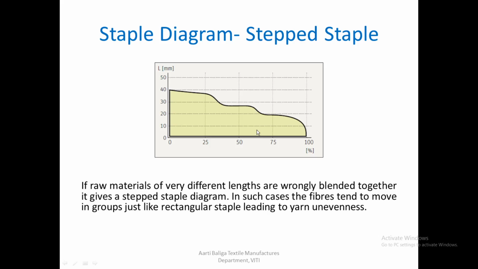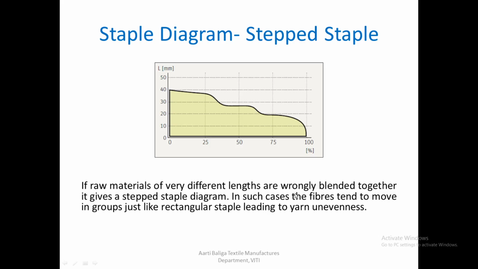Once this kind of blending is there, this particular graph may be coming because of one particular fiber, and the remaining graph, that means there are at least 2 to 3 fibers which are wrongly blended here, and that is why you're getting a stepped staple diagram.